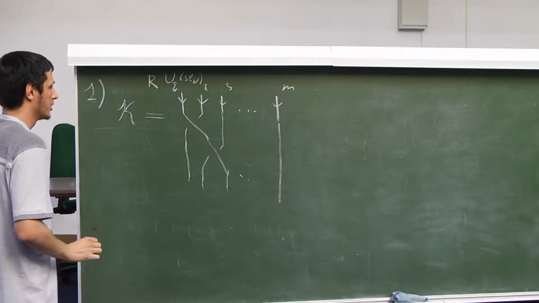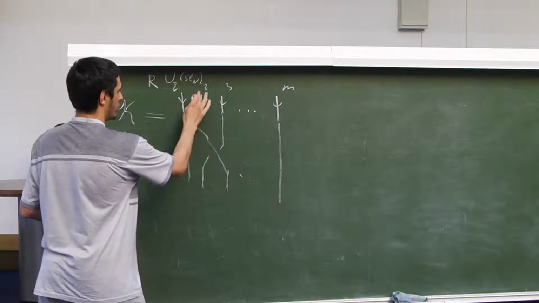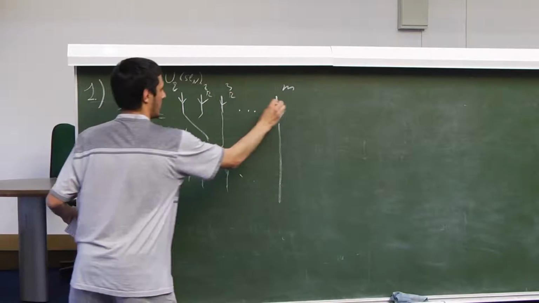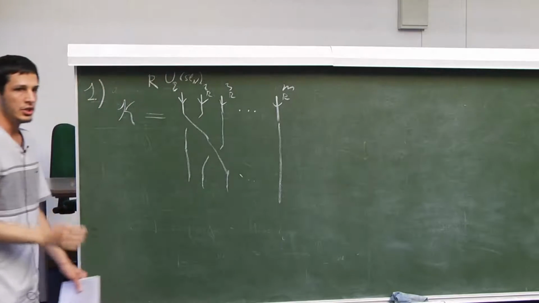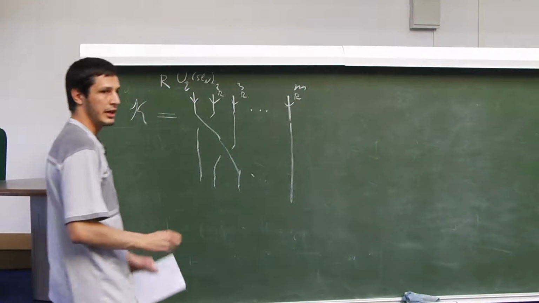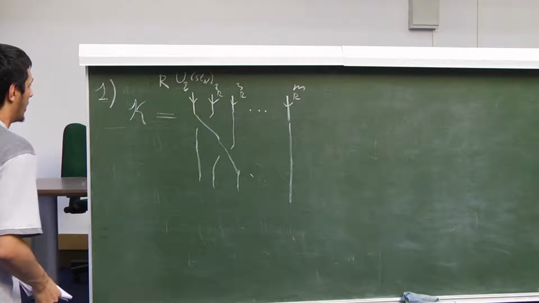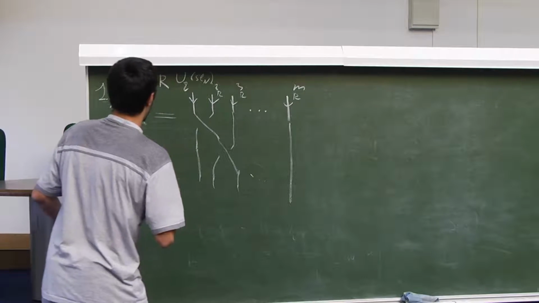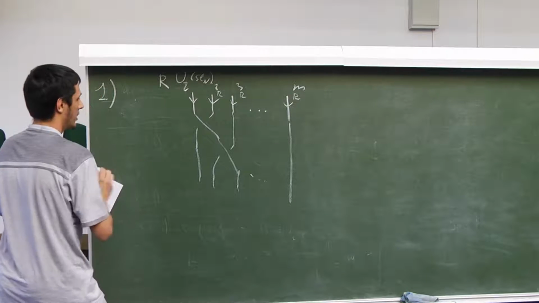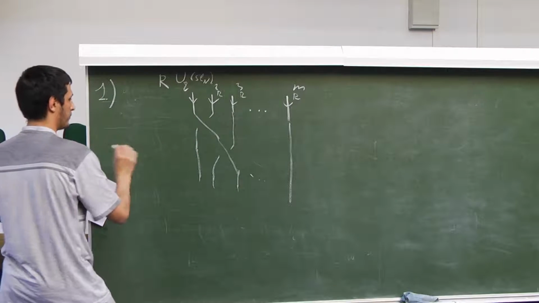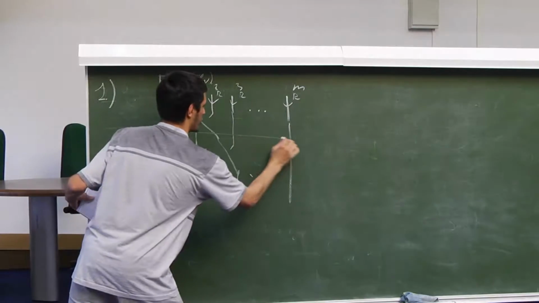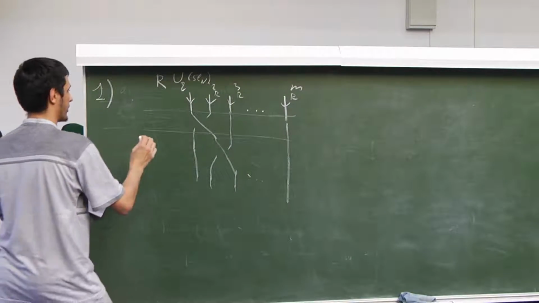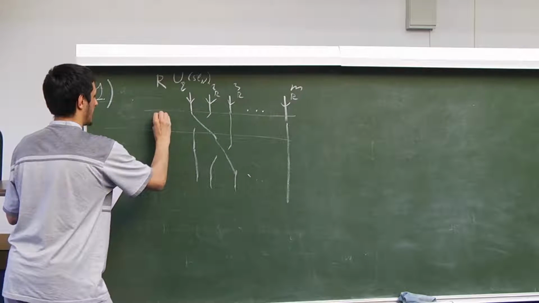Since I consider knots, I associate with each strand one and the same representation R. These representations are enumerated by Young diagrams. And also we slice our picture at each crossing, and we associate with each crossing a quantum R matrix.